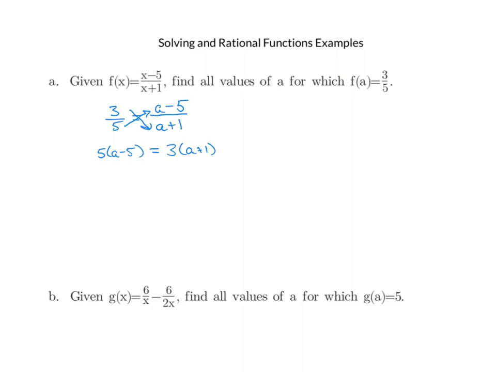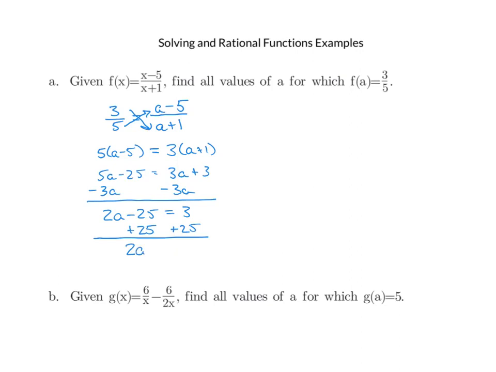I can go ahead and distribute, and we get 5a minus 25 equals 3a plus 3. I want to move all of my variables to one side. I'm going to move them to the left. I get 2a minus 25 equals 3. Since all of my variables are on the left, I'm going to move all of my constants to the right.